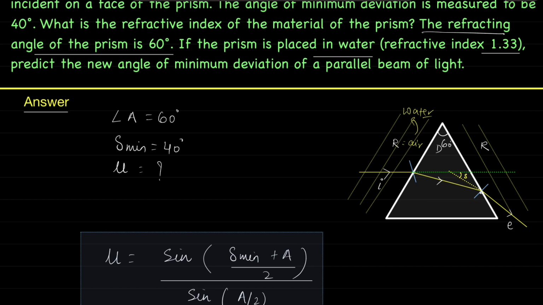One thing we have to understand, this refractive index 1.33 is actually the refractive index of water. And if we have to find the refractive index of the prism with respect to water, we need to use the relation mu 21 is equal to mu 2 by mu 1. What is mu 2 and what is mu 1? Mu 2 and mu 1 are absolute refractive indices.